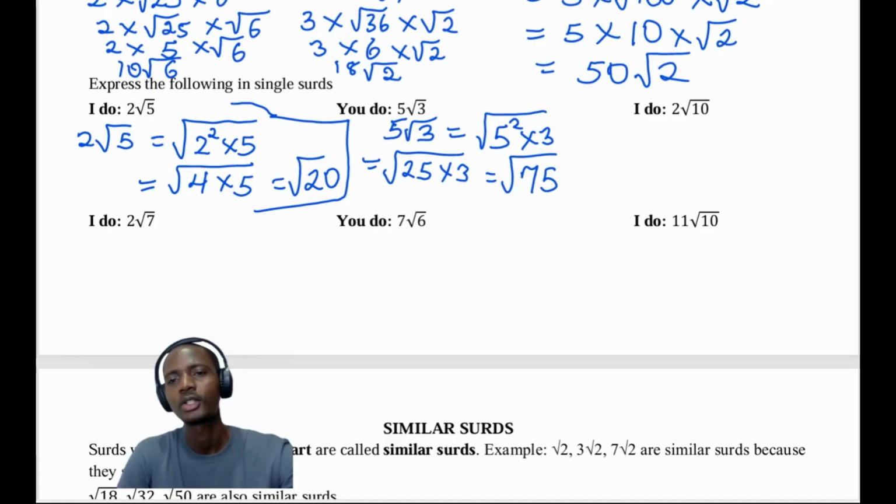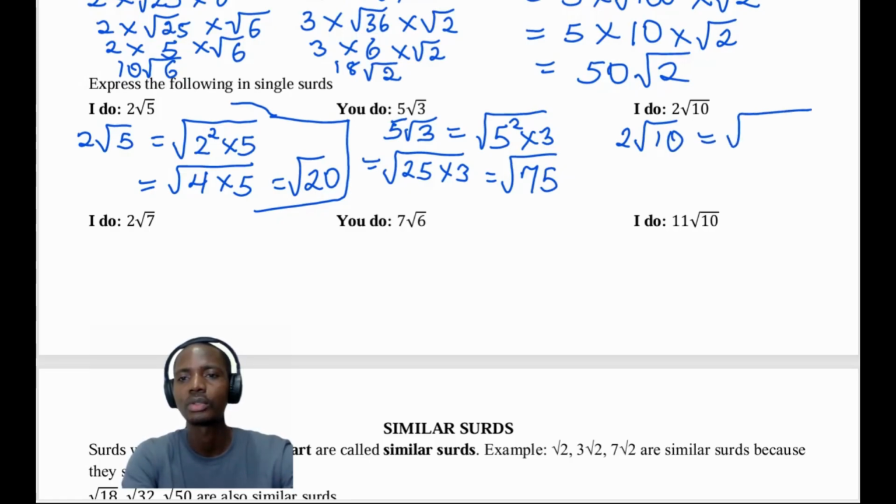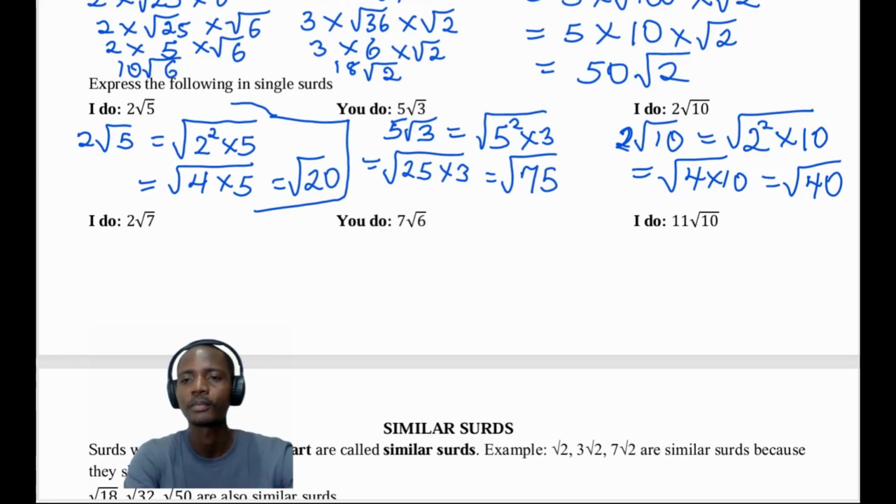Okay, so I'll be doing this: 2 root 10. Looking at it real quick without solving, you should be able to give the answer. 2 root 10 can be written as the root of 2 to the second power times 10. I know that 2 to the second power is 4, so I have root 4 times 10, and that gives root 40.